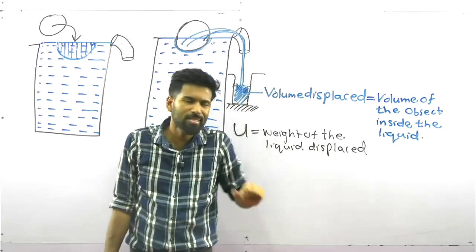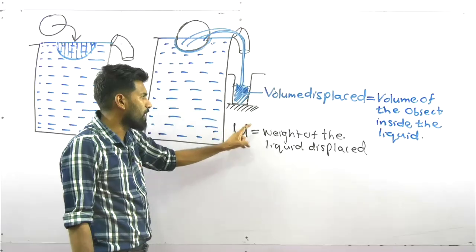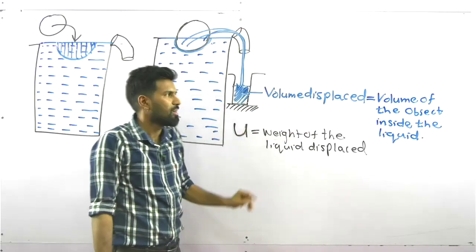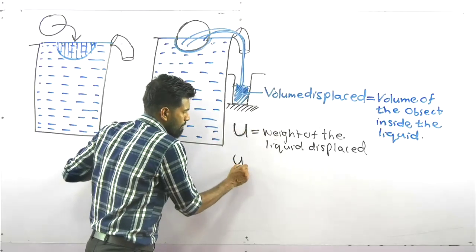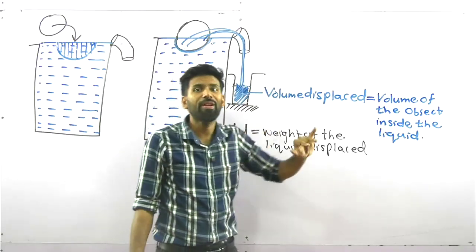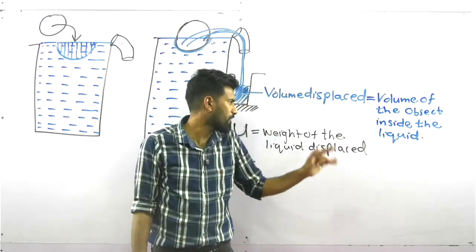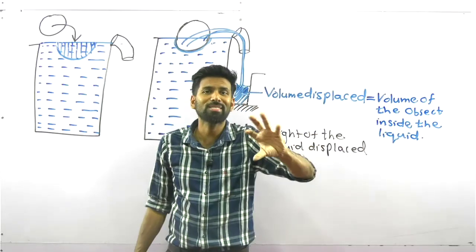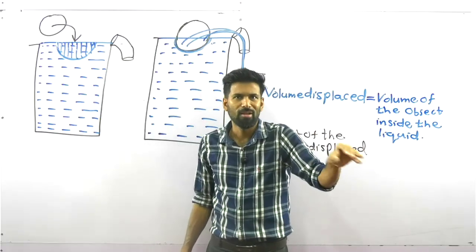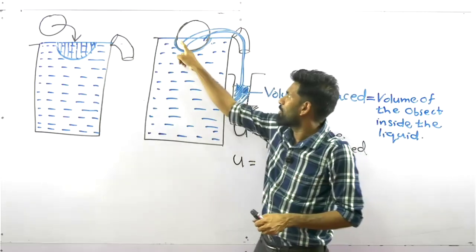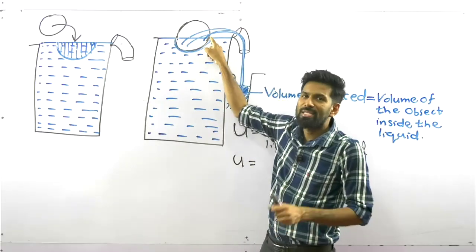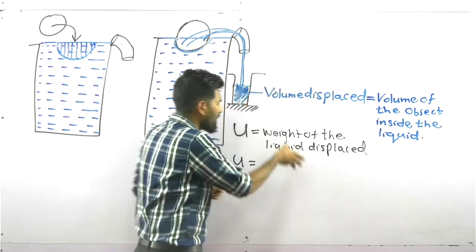Now Archimedes says upthrust force is equal to weight of the liquid displaced. What is the volume of the liquid displaced? Volume of the liquid that was displaced is equal to the volume of the object that is immersed inside. So I can rewrite it.